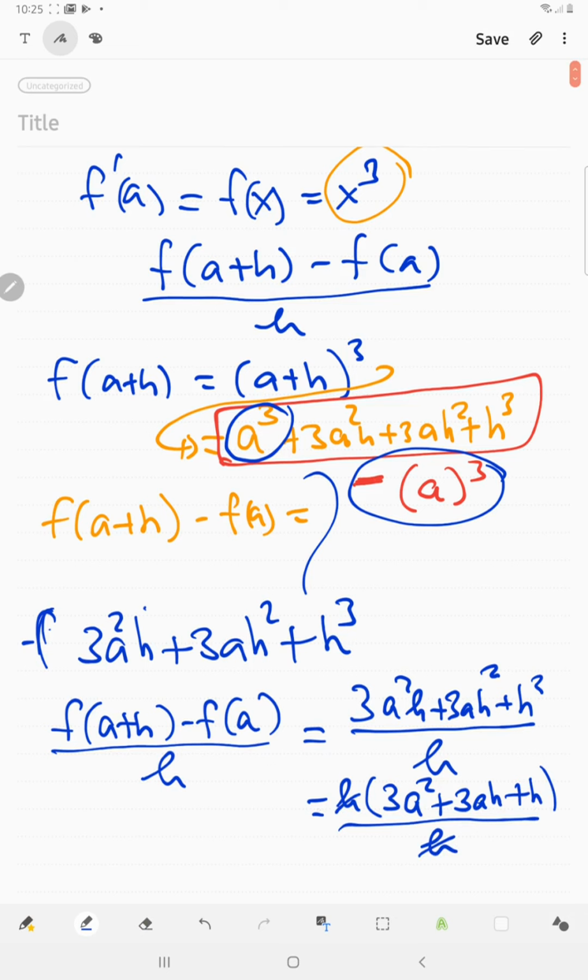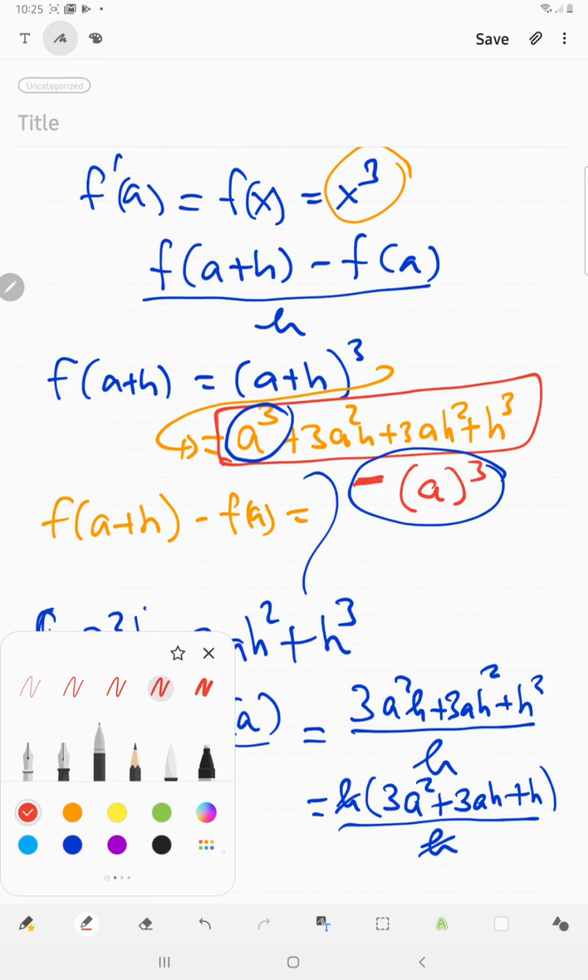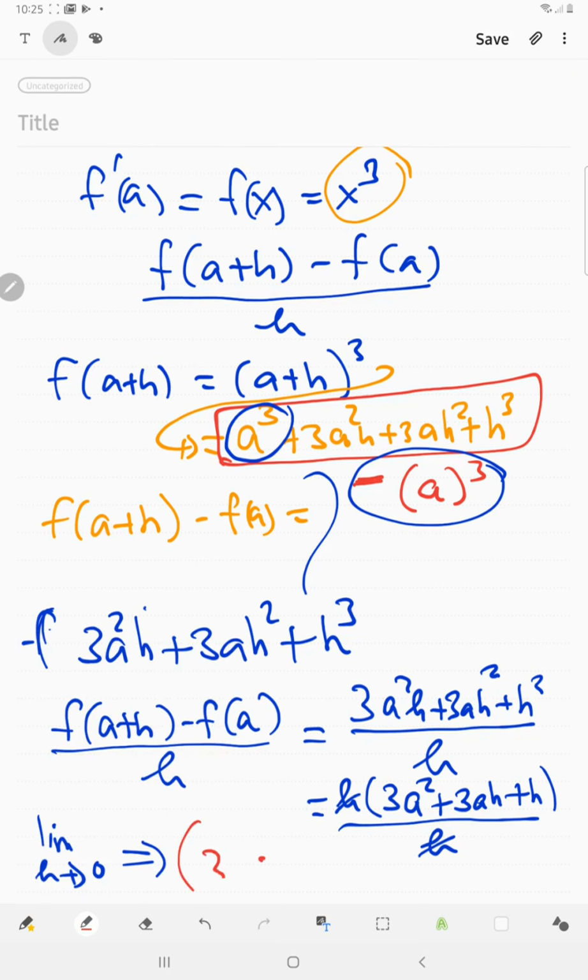So remember, the expression had a limit. When h is tending to 0, this expression which I have is going to degenerate to become 3a squared. So this 3a squared is actually the derivative, f prime of a.